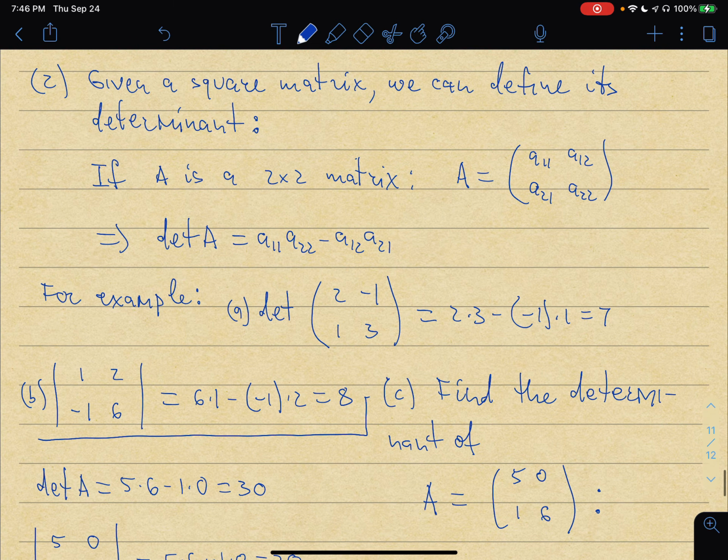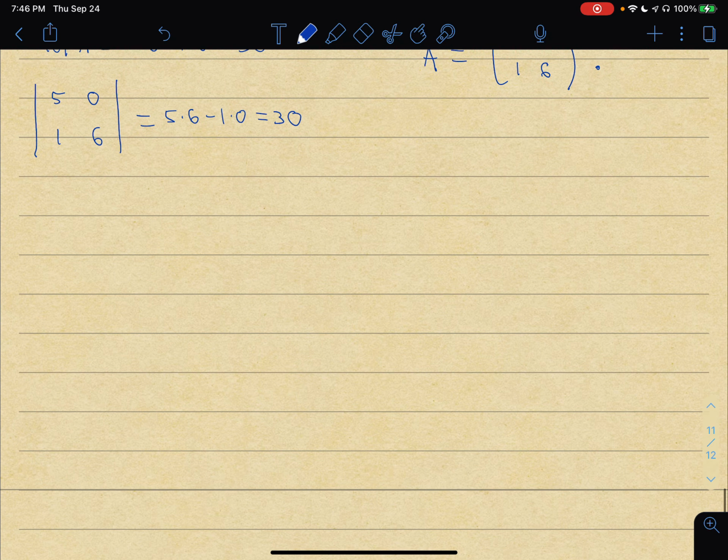So then the second part, all right, that's 2 by 2. And now 2, if A is a 3 by 3 matrix, then we're going to use the following procedure.